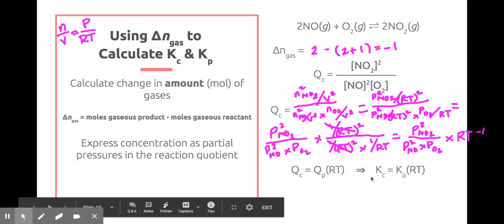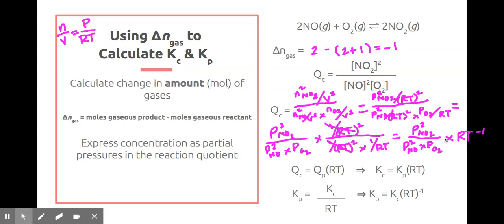So Kc is equal to Kp times RT. If we rearrange that just a little bit more, we can see that Kp is equal to Kc divided by RT, or Kp is equal to Kc times RT to the negative first.